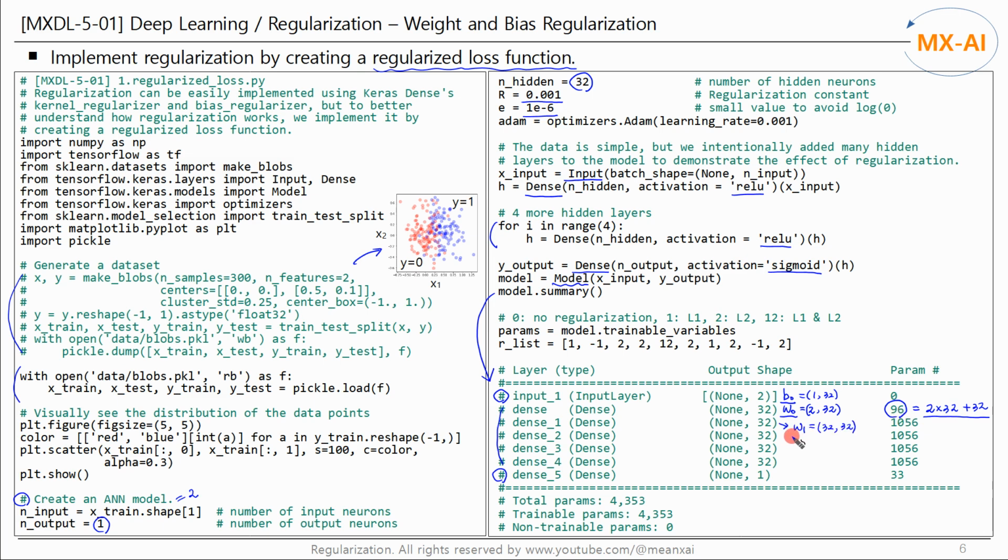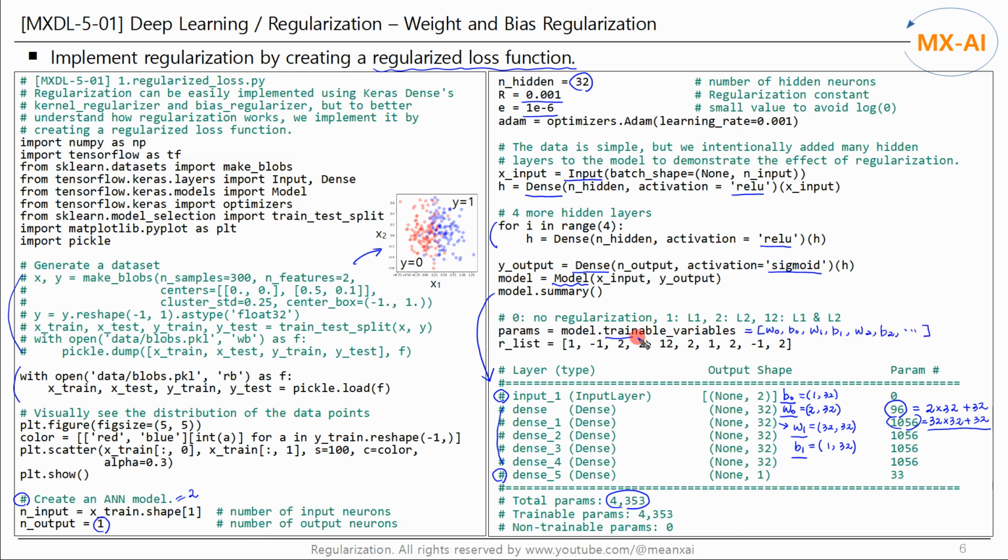The weight W1 of the second hidden layer is a 32 by 32 matrix, and the bias B1 is a 1 by 32 matrix. Therefore, the number of parameters in the second hidden layer is 32 times 32 plus 32, which is 1056. There are a total of 453 parameters for training.